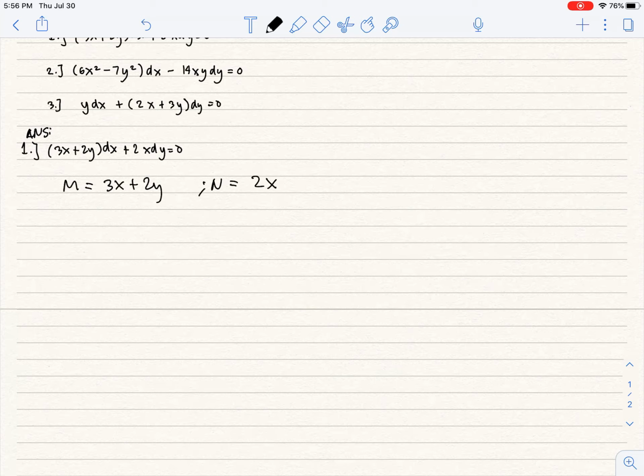M is always paired with dx, and N is with dy. Okay, so let's check if this is in fact a homogeneous DE. Let's start with M. It has two terms, and the degree of the first term is 1, the second term is also 1. Then in N the degree is also 1. So therefore this is a homogeneous DE.